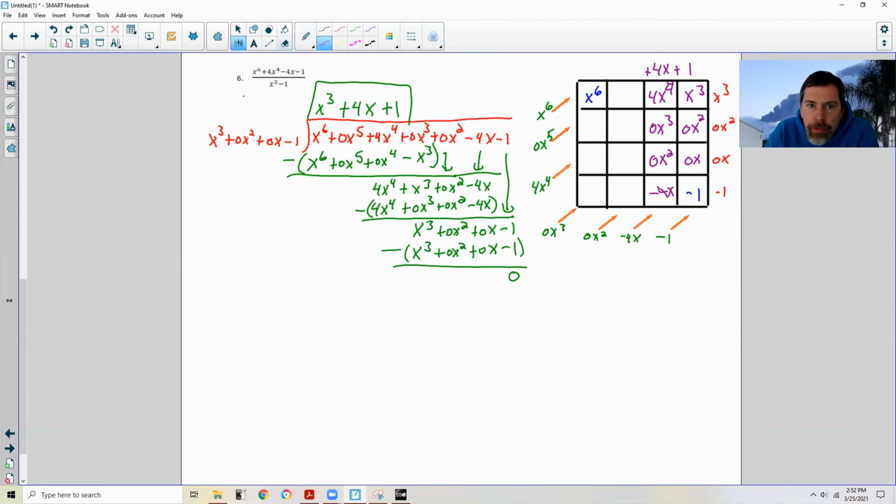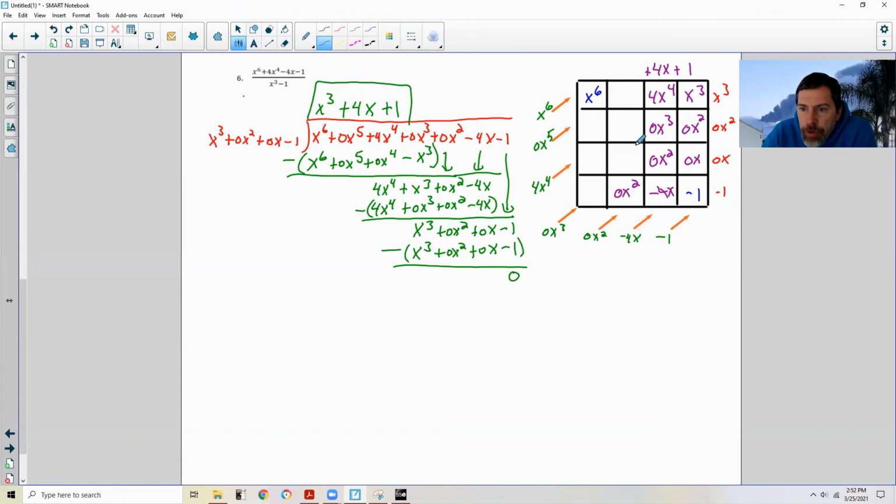Okay, let me erase that and fix it. I almost put the wrong number up there for my exponent. This is a 4. All right. Moving along here, I have 0x squared. I have 0x squared. I need a 0x squared here, so that's going to be 0 as well. Those 3 add up to 0. It's not x to the 0, though. It's x squared.